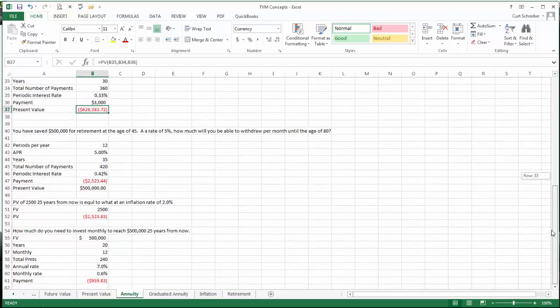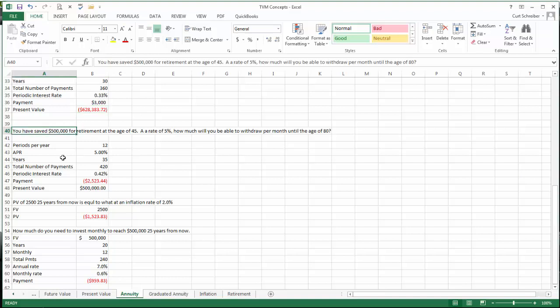Let's continue on. Here's probably an even more common example. Let's say that you've saved or you've acquired $500,000 for retirement at the age of 45. At a rate of 5%, how much will you be able to withdraw per month until you reach the age of 80? Okay, it looks like we want to retire early here.